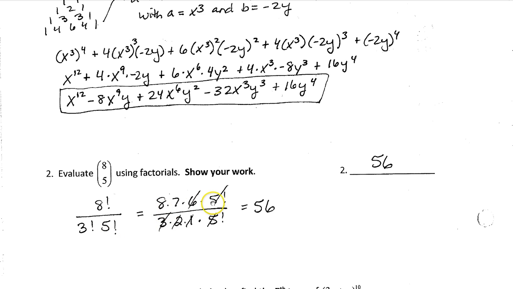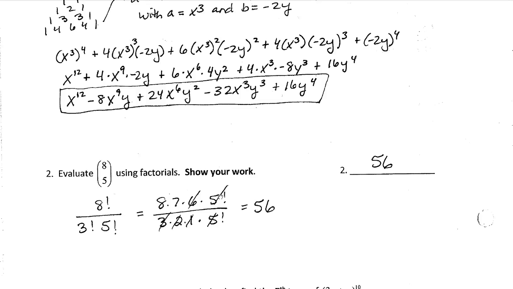You need to be able to expand the factorials in order to cancel, to reduce the fraction, to cancel out like terms, I should say common factors, in the numerator and denominator that reduce to 1.